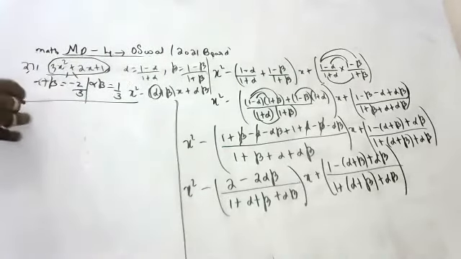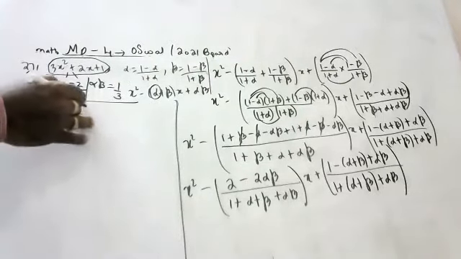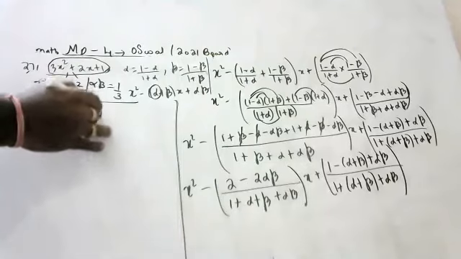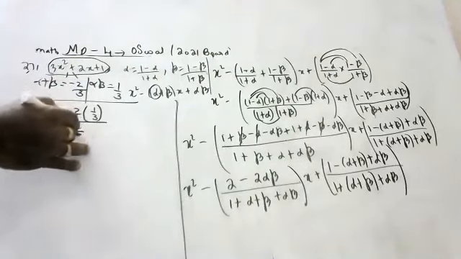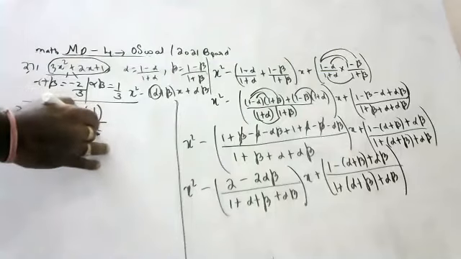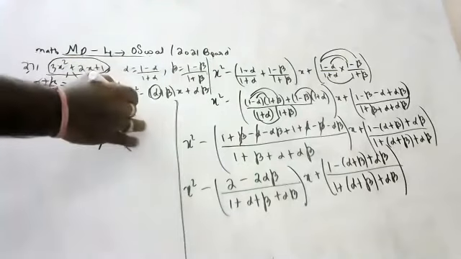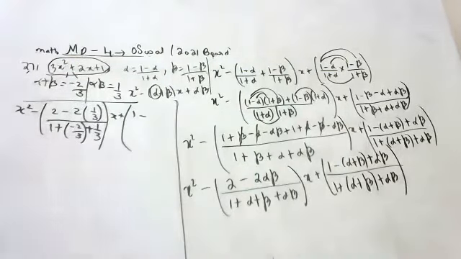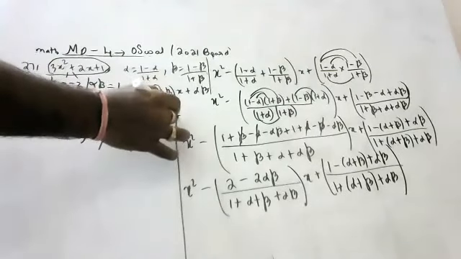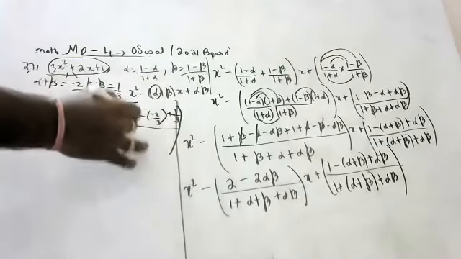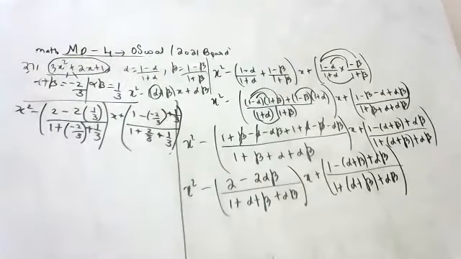Here, please see here. x square minus 2 into 1 by 3 by 1 plus minus 2 by 3 plus 1 by 3, x plus 1 minus, what is alpha plus beta? Minus 2 by 3 plus 1 by 3 by 1 plus 2 by 3 plus 1 by 3.